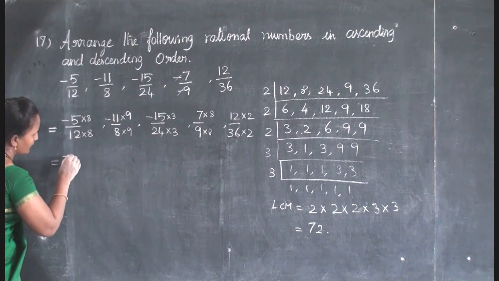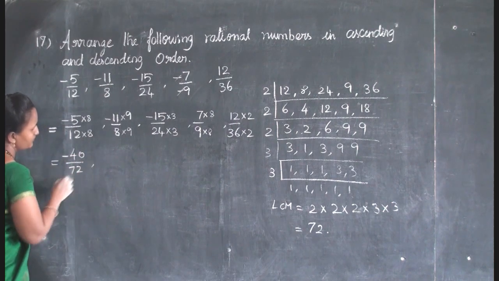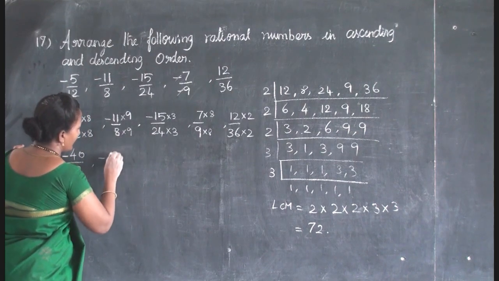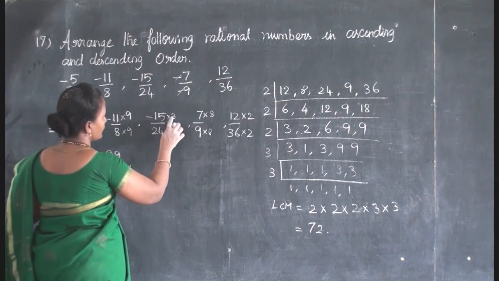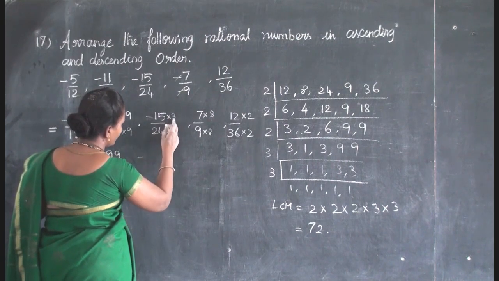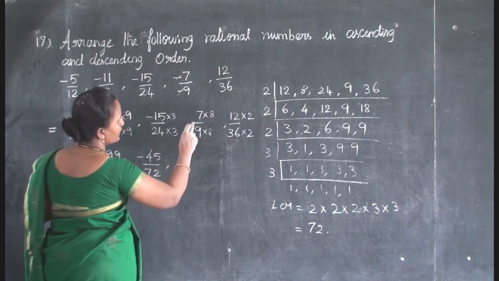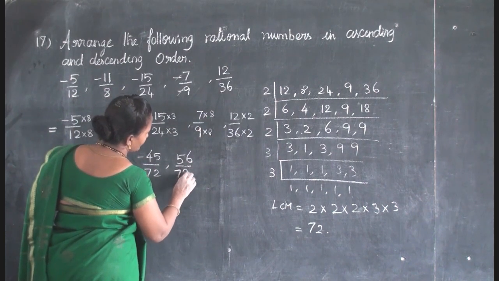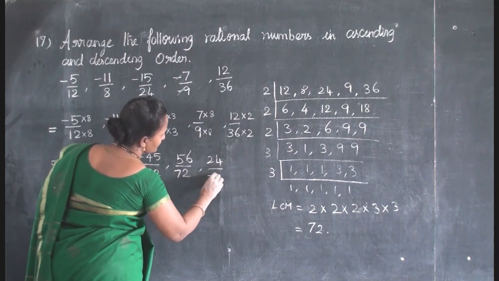Minus 5 6s are 30, minus 5 by 12 becomes minus 30 by 72. Minus 11 9s are 99 by 72. Minus 15 3s are 45 divided by 72. And then 7 8s are 56 divided by 72, and 12 2s are 24 divided by 72.